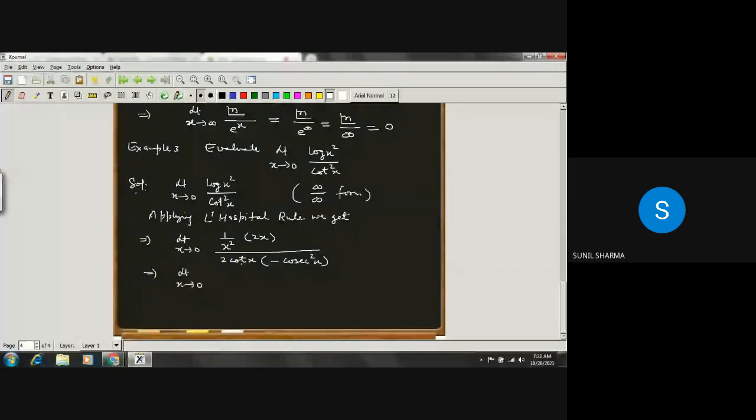The 2 and 2 cancel. I can write this as 1 upon x into cot x, taking the minus sign common, so minus here into cosecant square x.